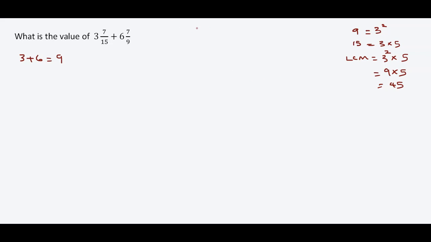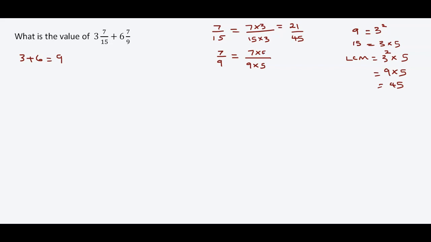So now we have to write 7 over 15. 7 over 15, we're going to multiply 15 by 3 to get to 45. So we multiply 7 by 3 also to get to 45. So this is going to give us 21 over 45. And then we also have 7 over 9, which is going to be equal to, we multiply 9 by 5 to get to 45.